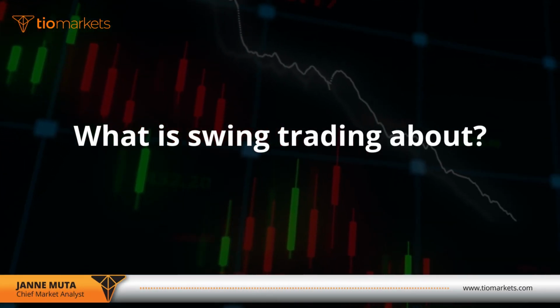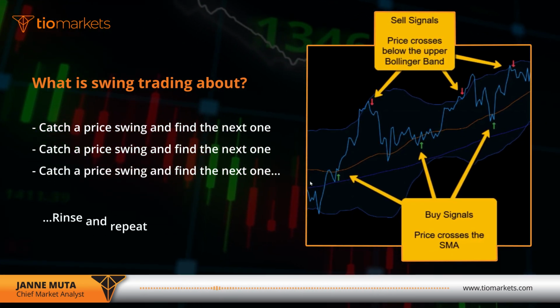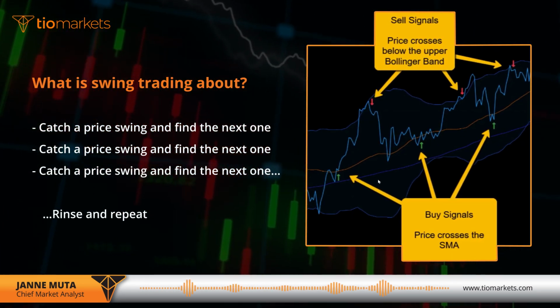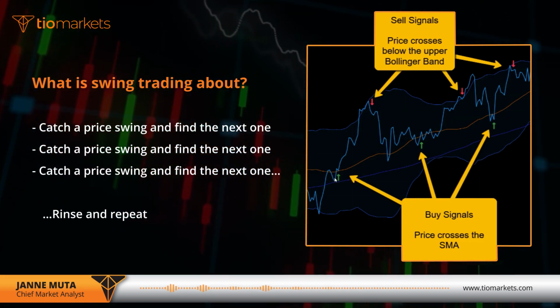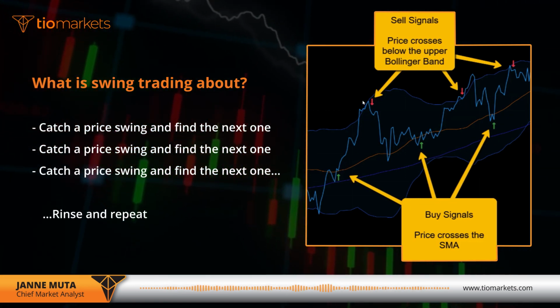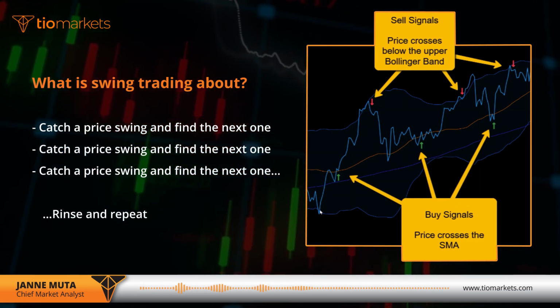Okay, so what is swing trading about? Basically, we are looking to catch these so-called directional price moves in an uptrend or in a downtrend. So this is how the markets kind of breathe.